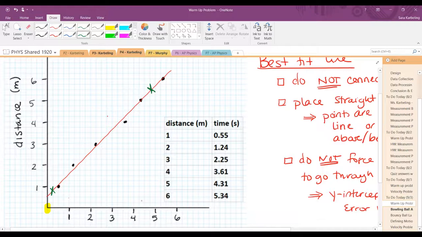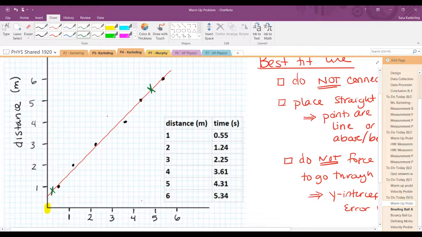I would strongly encourage you, and I want to make sure I've got your attention so you understand this, to put an X on the points you're going to use to find your slope so that you don't confuse them with data points. Some people like to circle them and that's totally fine too. But you only need to find 2.